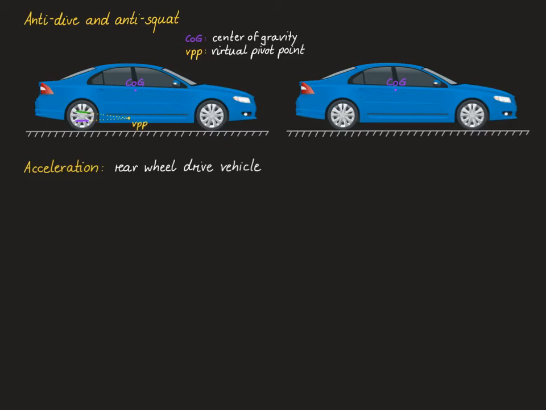In the following, we will not consider the static forces such as the weight of the vehicle that attacks in its center of gravity and that's compensated for by vertical tire forces at the rear and the front tire. Instead, only those forces associated with a deviation from the static equilibrium will be considered in the following.